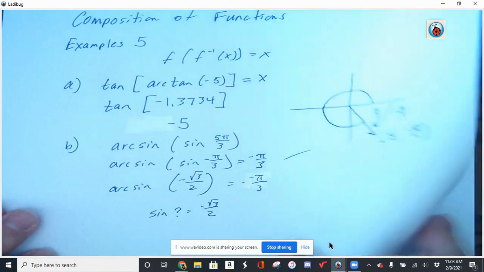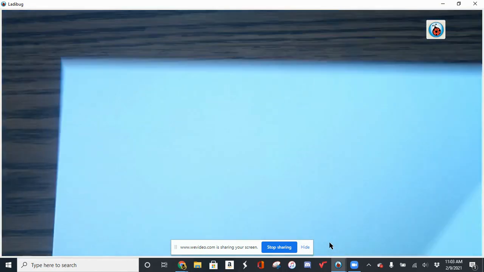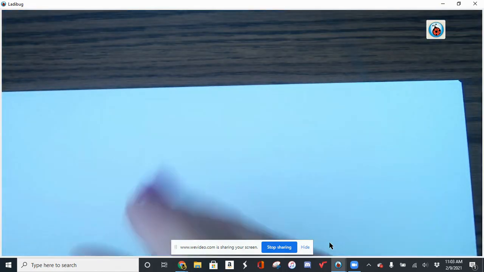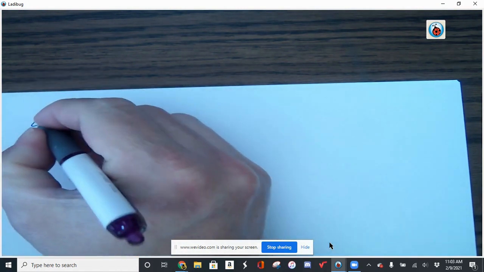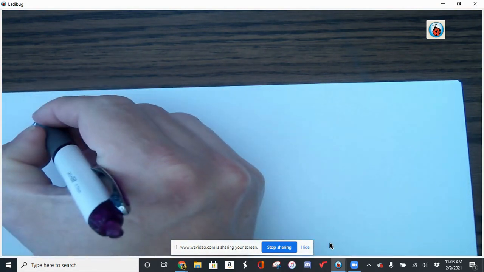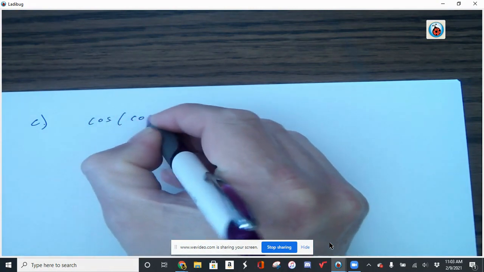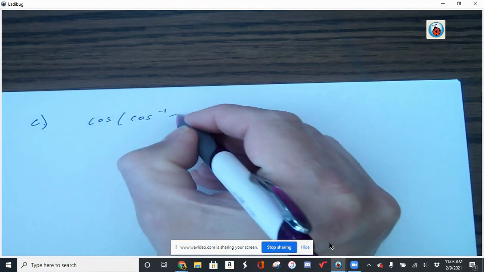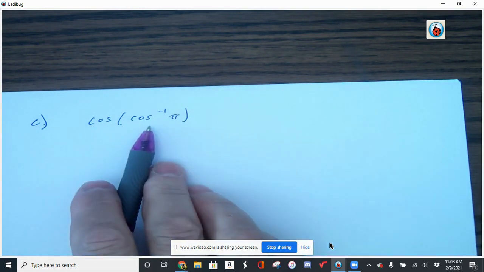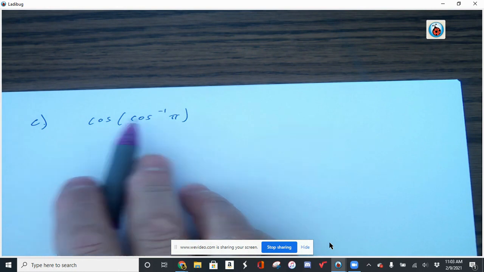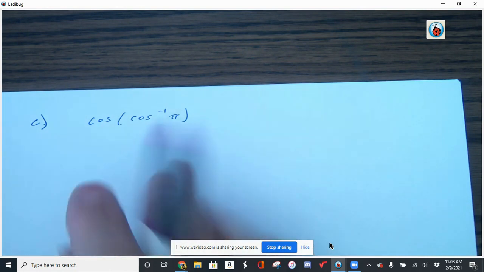All right, we're going to do one more, that third one. We're looking at the cosine of the cosine raised to the power of negative 1 of pi. Remember, that's the same thing as arccosine of pi. So we're dealing with the cosine of arccosine of pi.